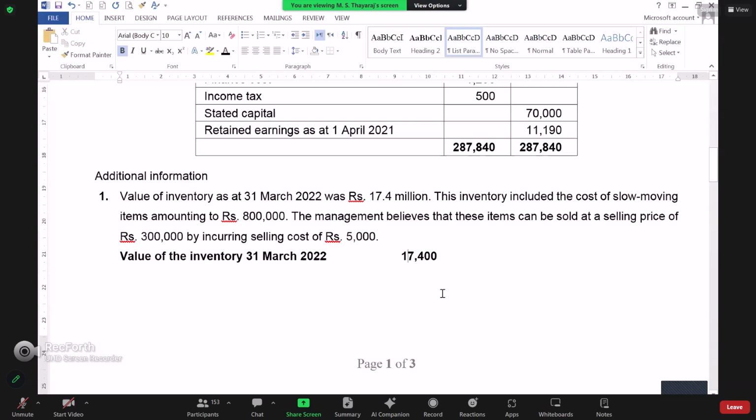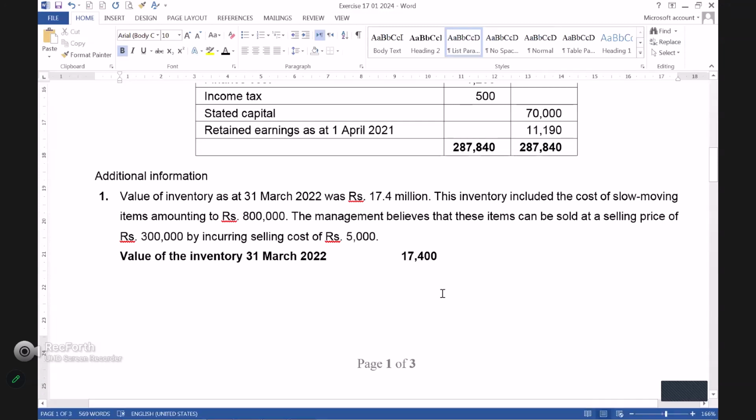So we have to put 17,400, but we have to deduct the cost of slow moving item. The cost of the slow moving item is 800 minus 295. These items sell for 300, incurring a selling cost, therefore you have to deduct the selling cost from the selling price, so 295,000.